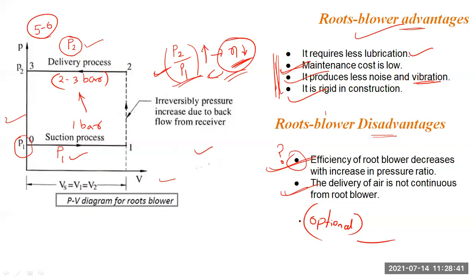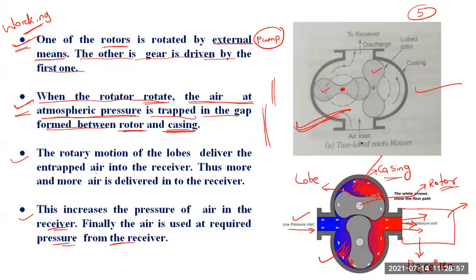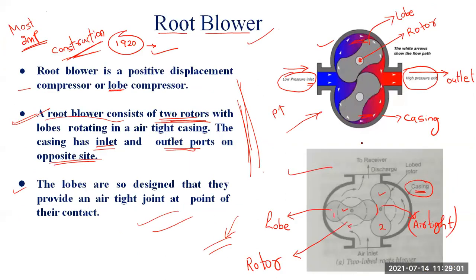But I recommend you should write advantages and disadvantages also, because I have added very small and very easy points so that it will be easy for you to remember. So these are regarding the construction and working of a root blower. Regarding the working principle or construction, if anybody has any doubt, you can ask.